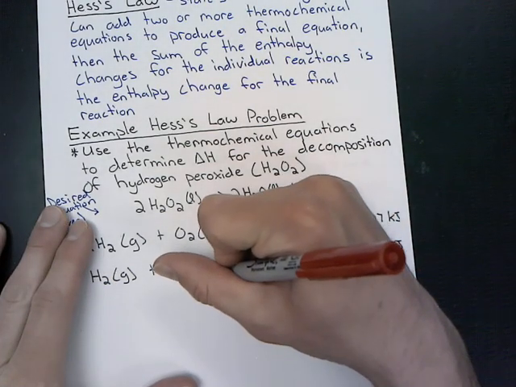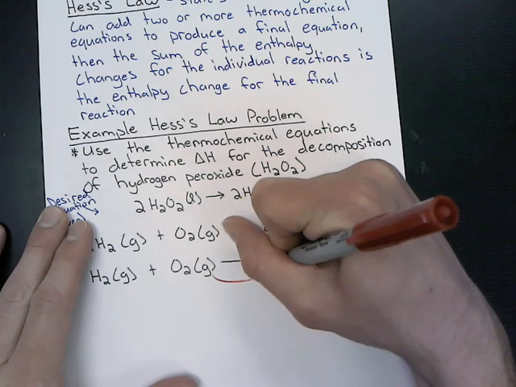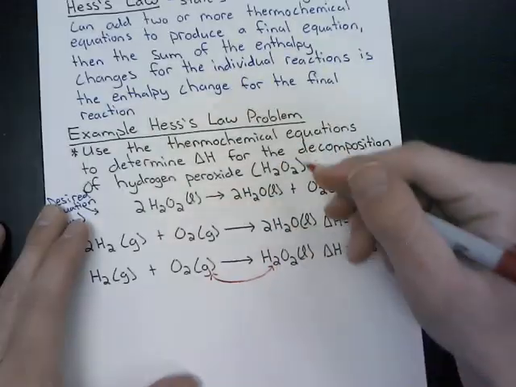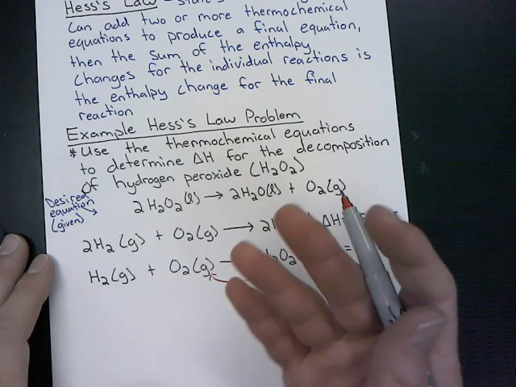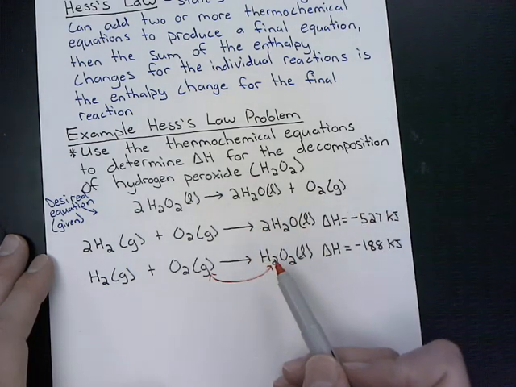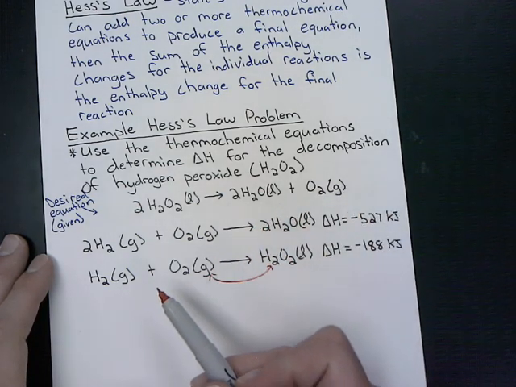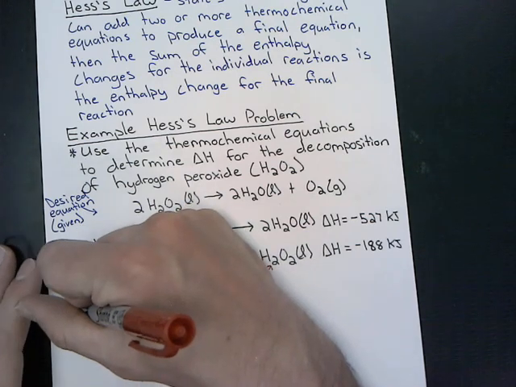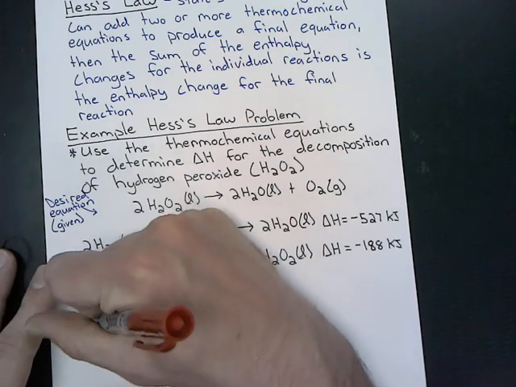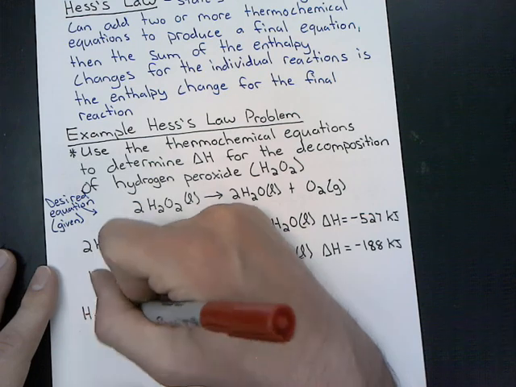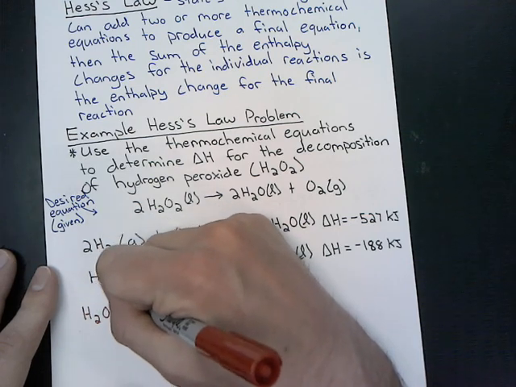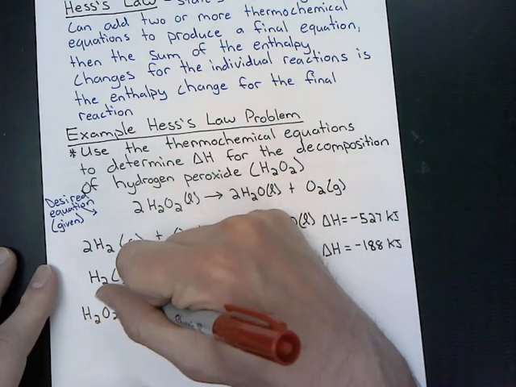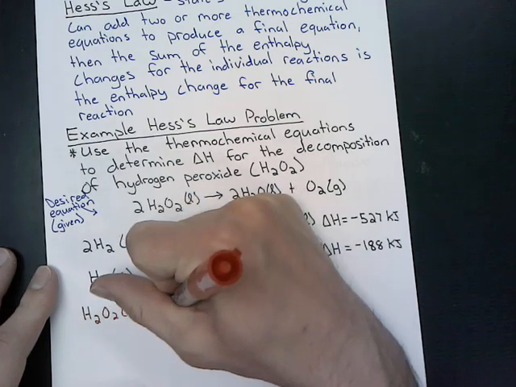All I'm going to do to indicate that I'm going to flip the equation is switch sides. I'm going to literally take this stuff that was on the products and now make it a reactant, and rewrite that as H2O2 as a liquid.